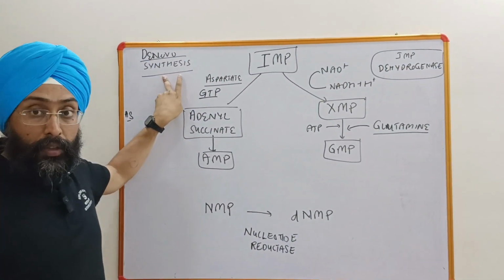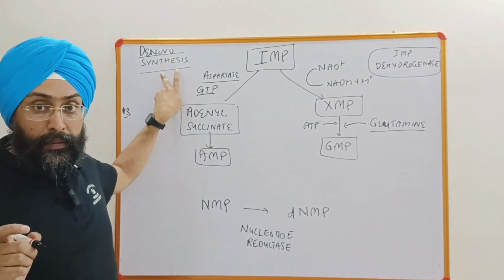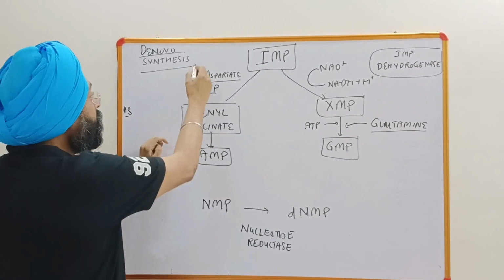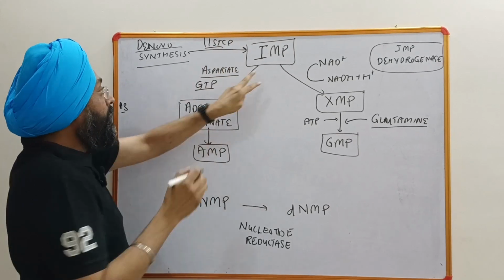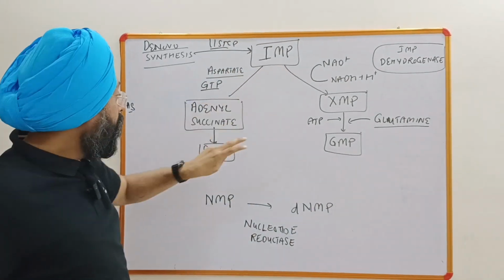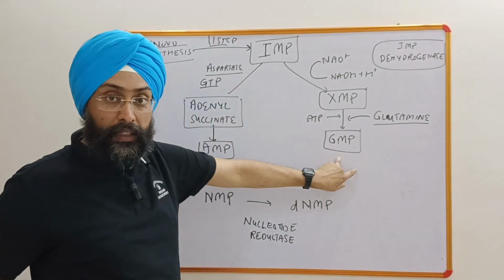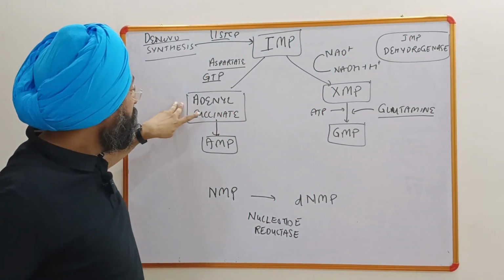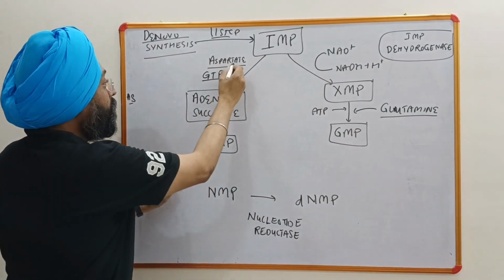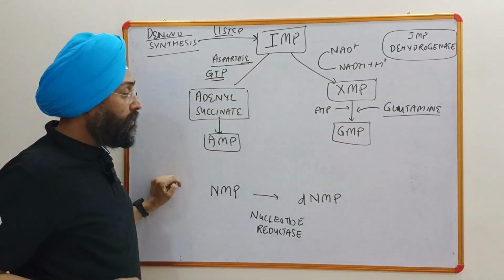Now, we have already discussed there are 11 steps of de novo synthesis, and from the total of 11 steps we get IMP. From IMP we will form AMP and GMP. From IMP we will first form adenylosuccinate, and this reaction requires aspartate and GTP.